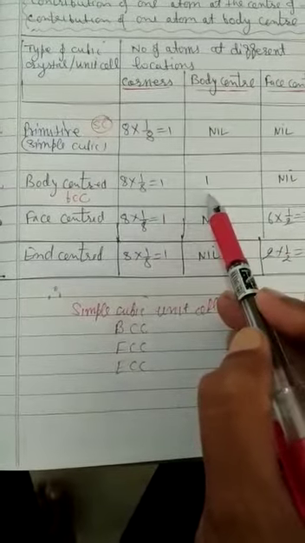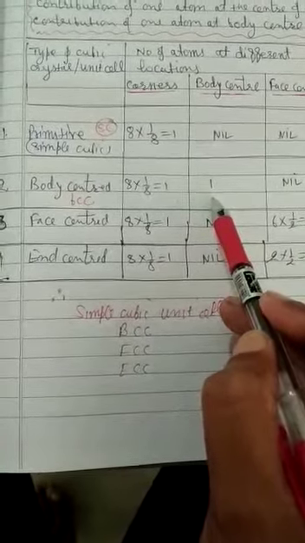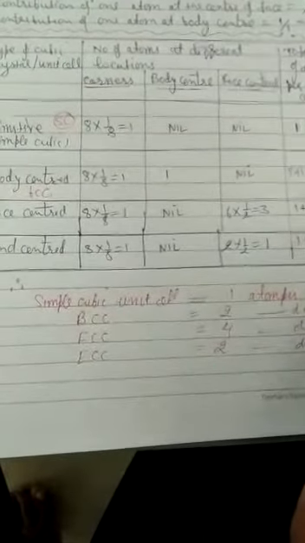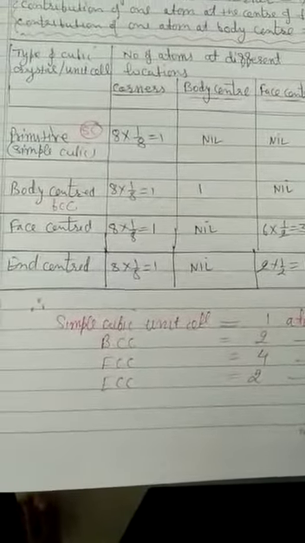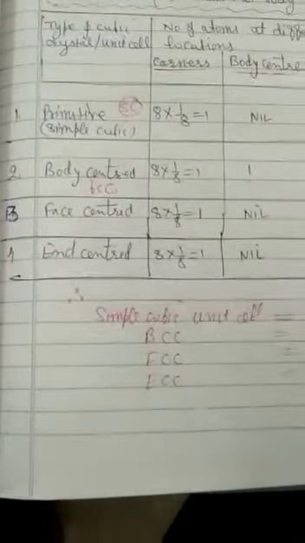And at the body center, contribution of one atom is 1; it wholly belongs to that particular unit cell. So 1 plus 1 equal to 2. So the total number of atoms in BCC, body centered unit cell, is 2.